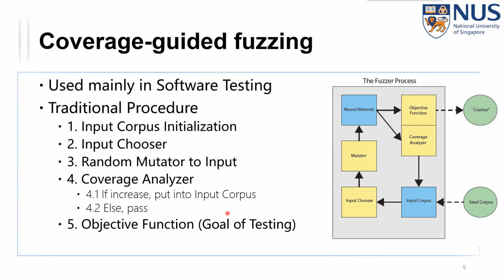And if this input corpus has a high score, then we keep mutating on that input corpus with a high score, right? So here you have two components: one is the objective function and one is the coverage analyzer. My question is, which component is going to give the score? The coverage analyzer is the one that gives the score. Yeah, the coverage analyzer gives the score, but why is that called the objective function?